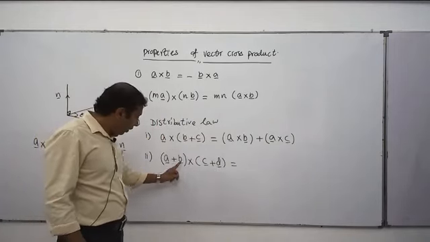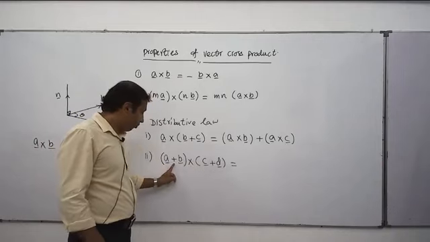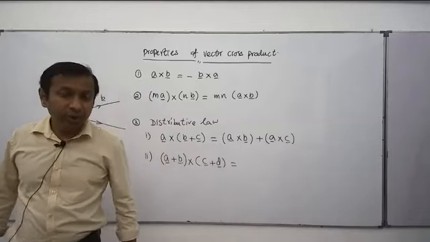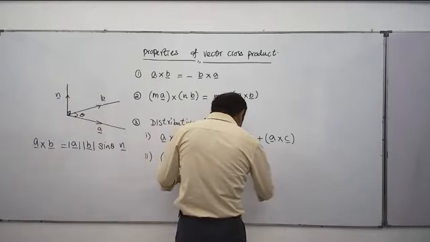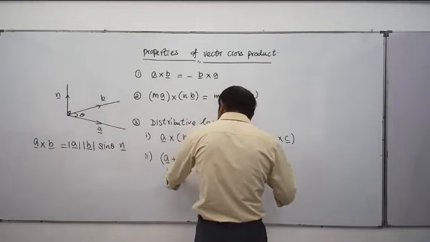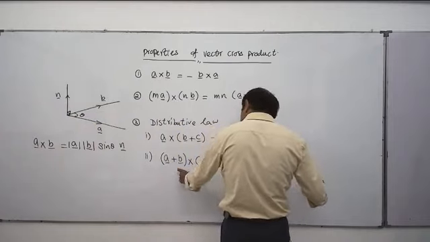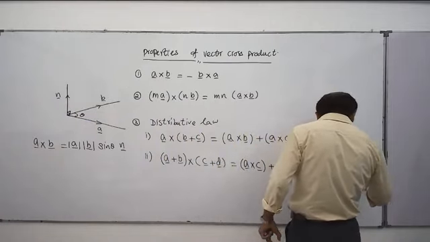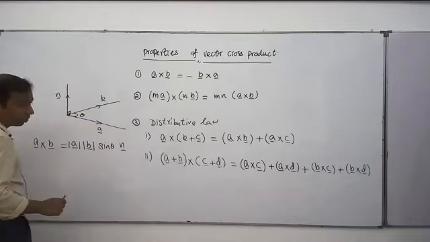Then we take A cross C plus A cross D plus B cross C plus B cross D. That way you can remove the brackets. That is called the distributive law.